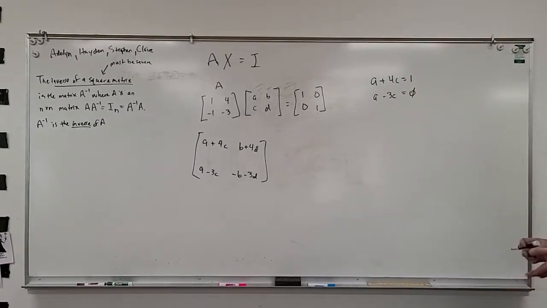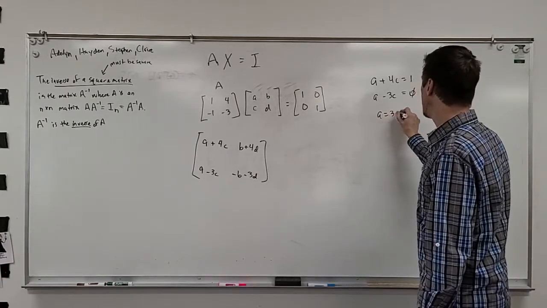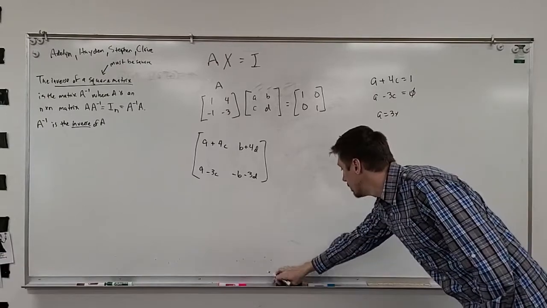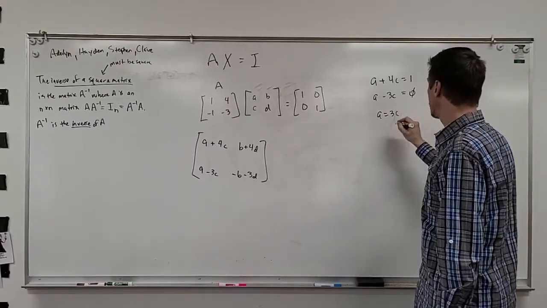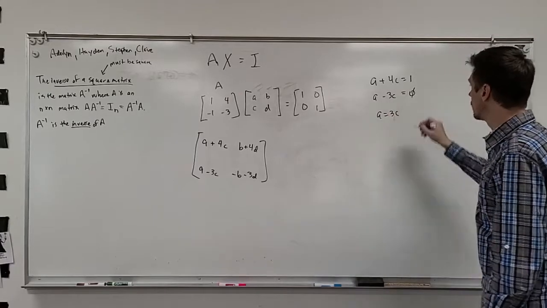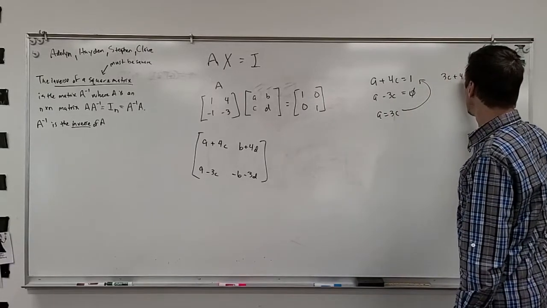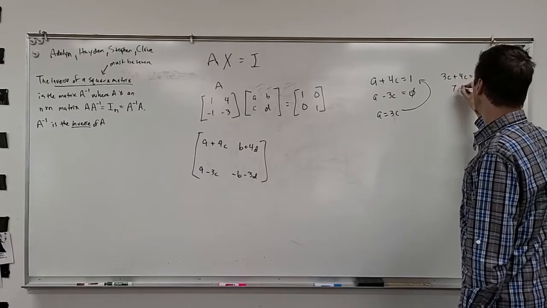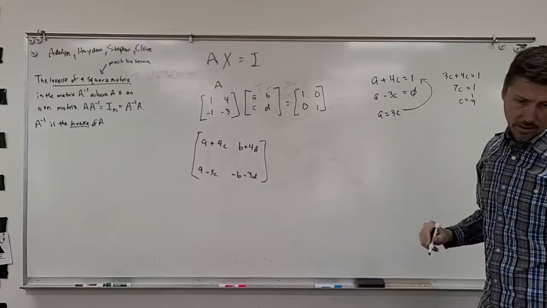Then we could solve that using substitution. A equals 3C is what we convert this bottom equation to, and then we plug it back in here, so 3C plus 4C equals 1, and so 7C equals 1, so C equals 1/7. Is that what they got?